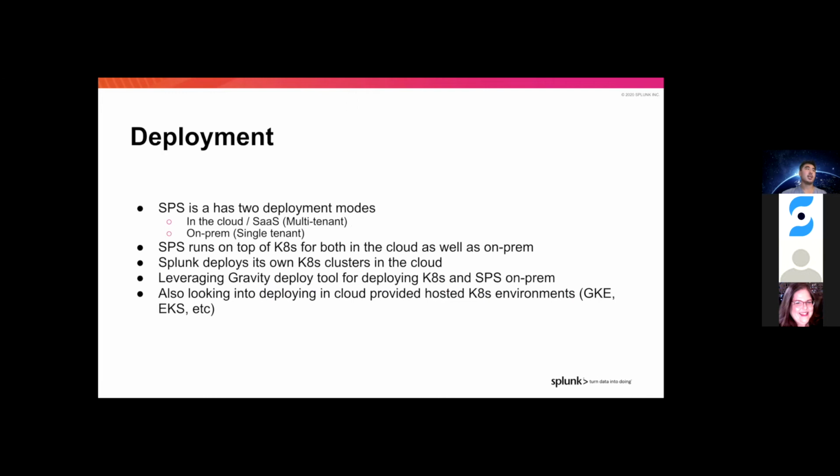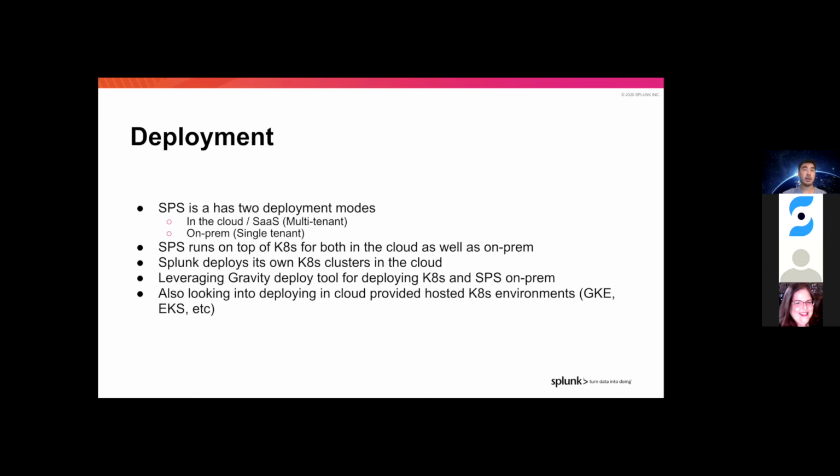The next thing I would like to touch on is deployment: how we're deploying SBS and how we're deploying Apache Pulsar and Flink. SBS has two deployment modes, as I touched upon before. One is in the cloud, as a SaaS multi-tenant service.